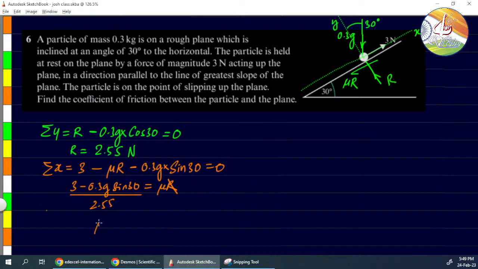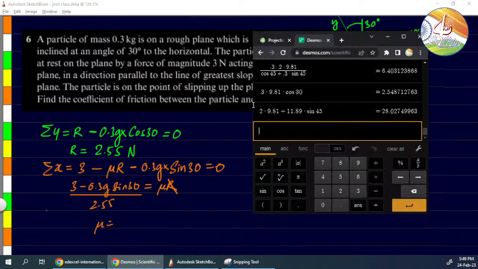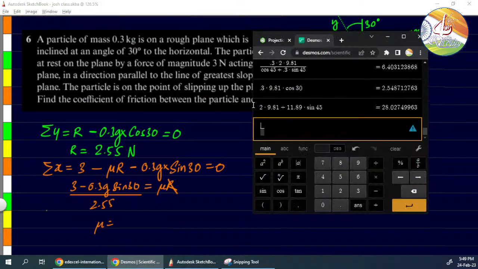So find the value of mu. 3 minus 0.3 into 9.81 into sine 30, divided by 2.55, we are getting 0.6.